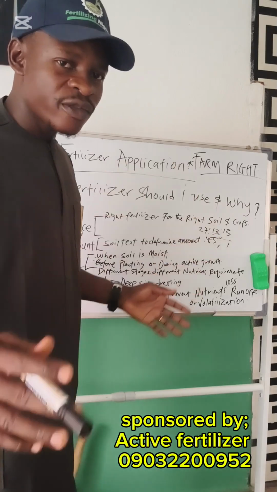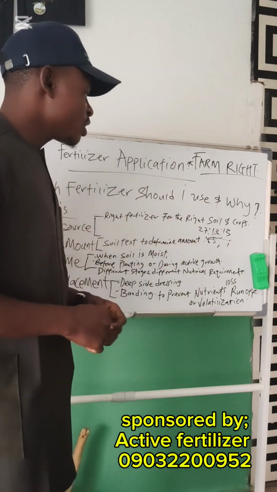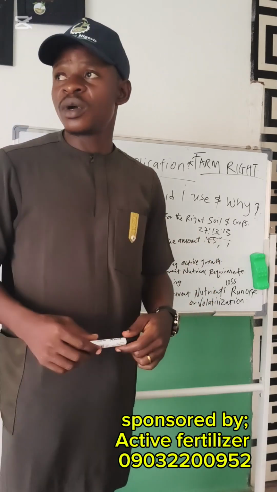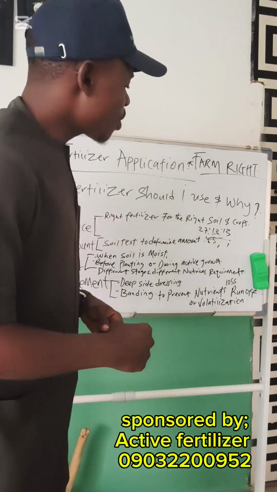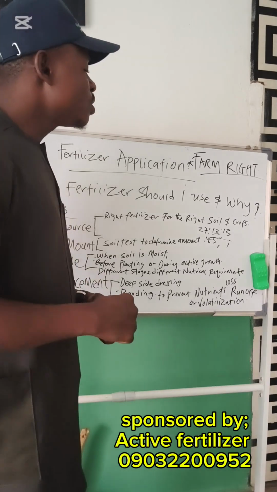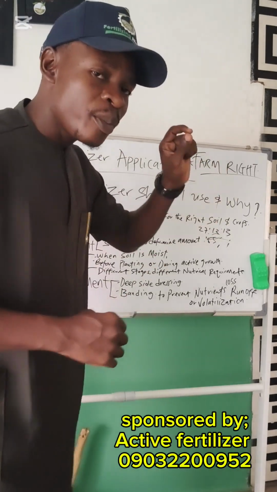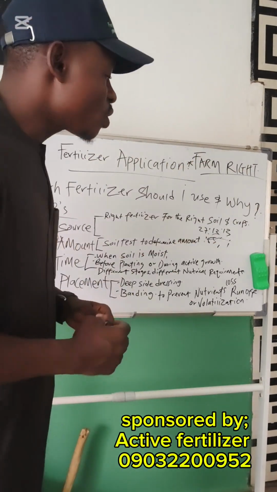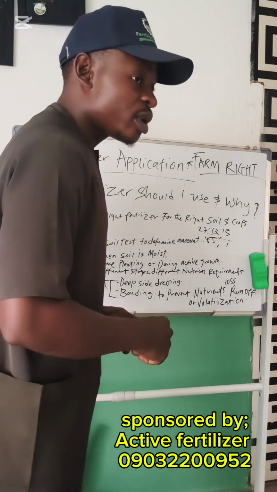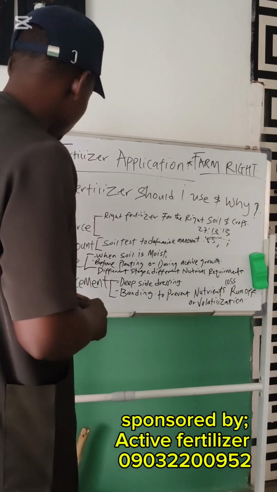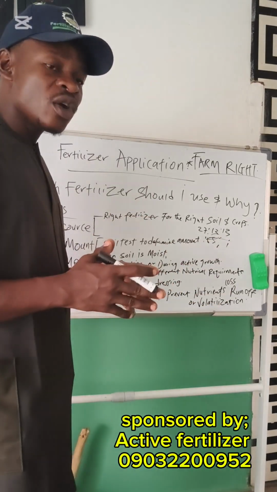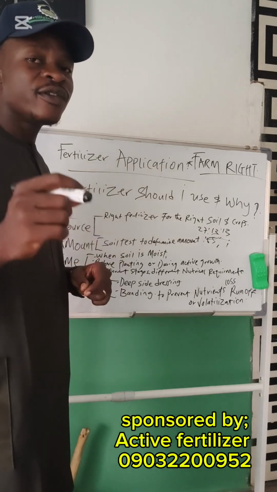If you have seen that in that area, this is the type of fertilizer they have been using, and it served them very well, you can simply request that same type of fertilizer from your vendor, and he will give you that same fertilizer. Or you can request that blend if you are contacting a blending plant. Okay, now that is for the right source. I hope you understand the meaning of the first R, which is the right source.